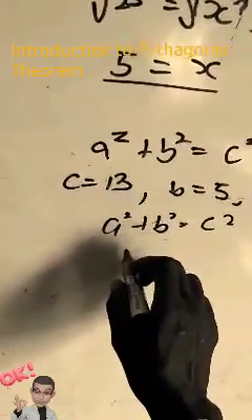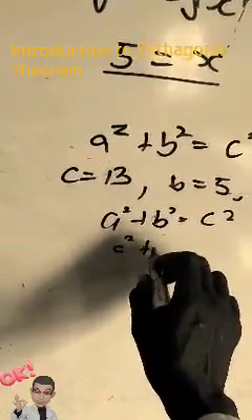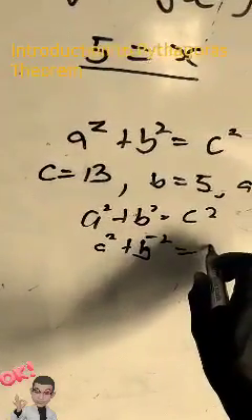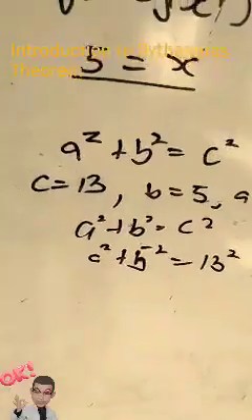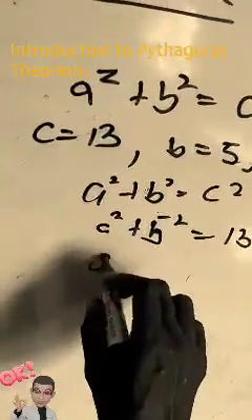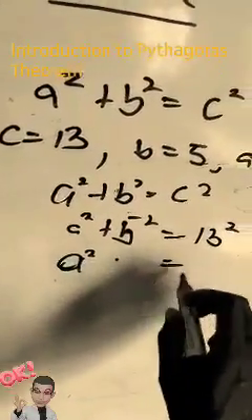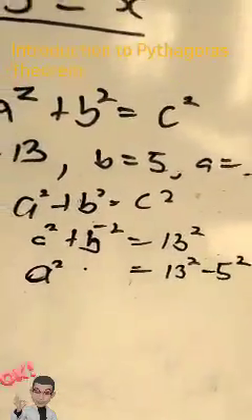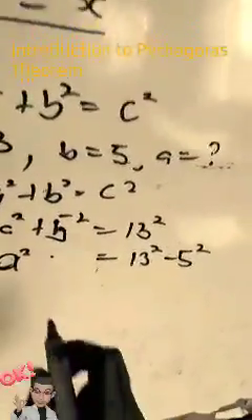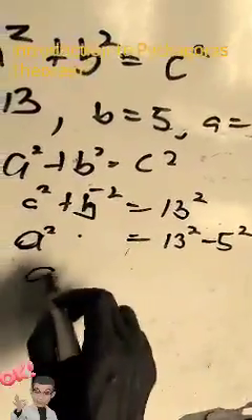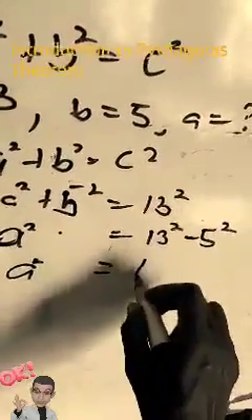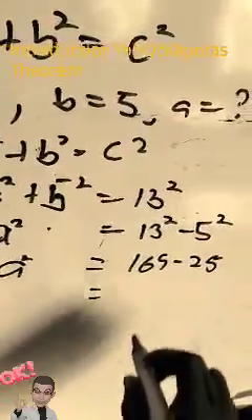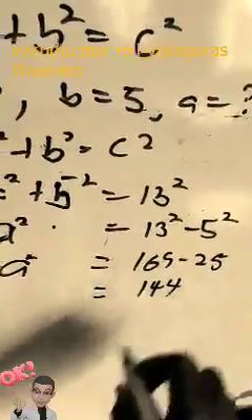Substituting the values, we don't know what A is, so we have B as 5 squared and 13 for C. Now, using your knowledge of algebra, we can transfer the square of 5 to the other side, and then we have A squared equals 169 minus 25, which gives us 144.